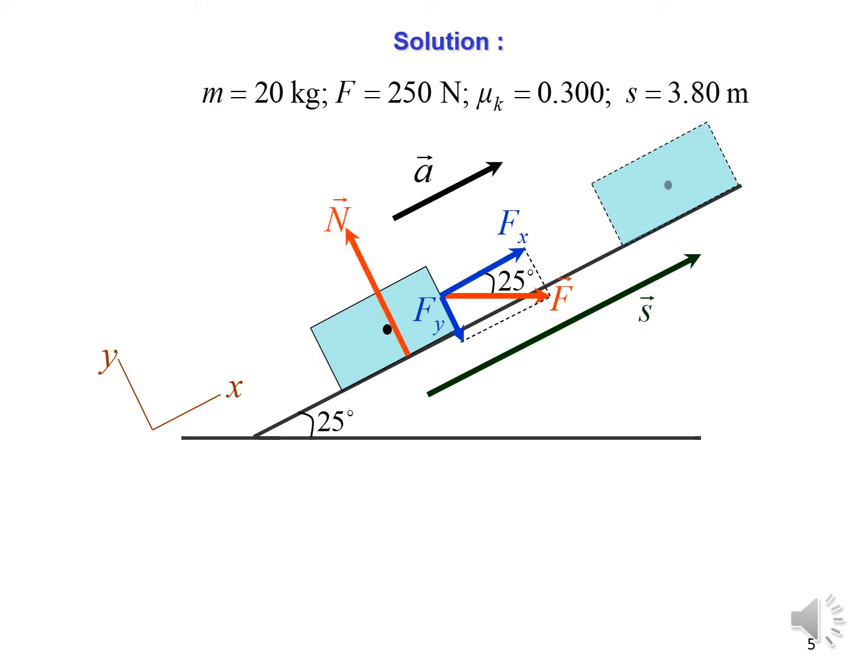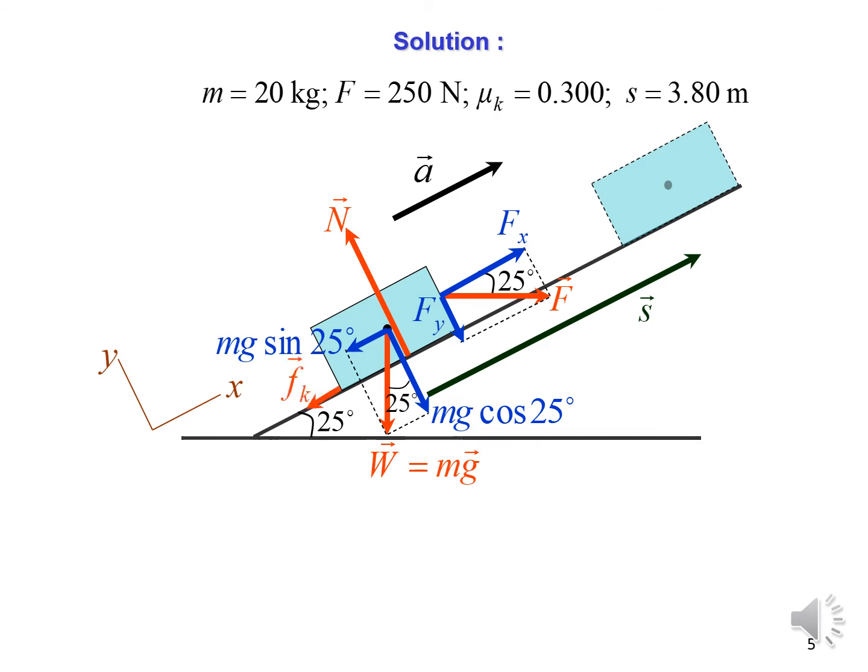Then we have the normal force, and the weight acting downward through the center of gravity, with its x component and y component. Since we have a coefficient, we will have friction acting between the surfaces.